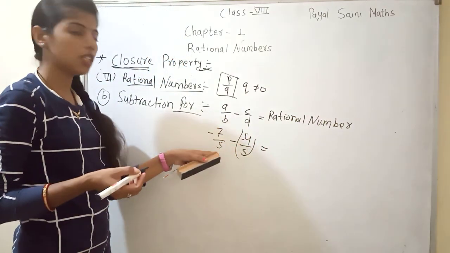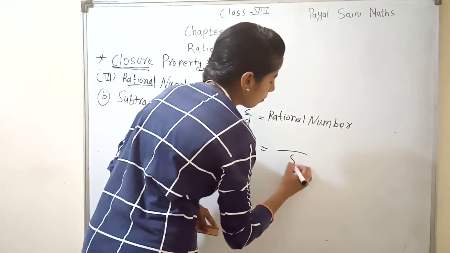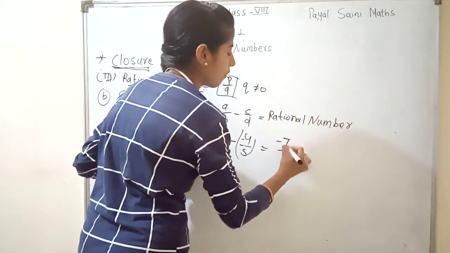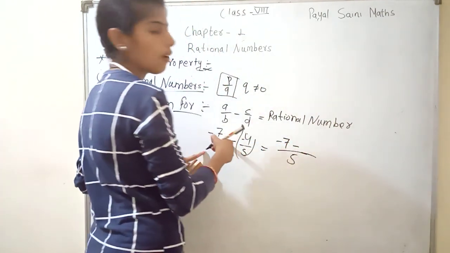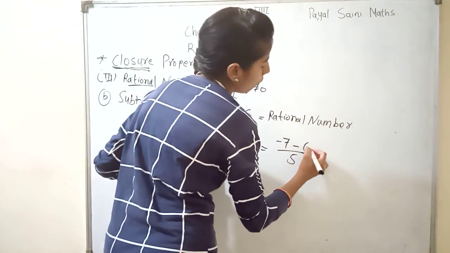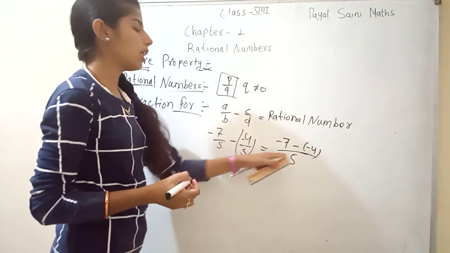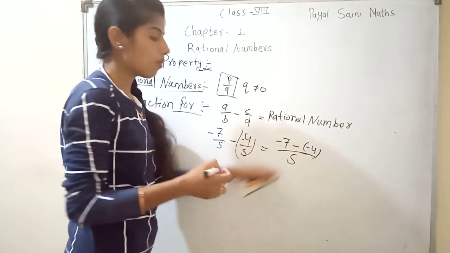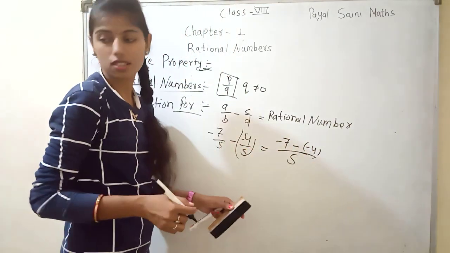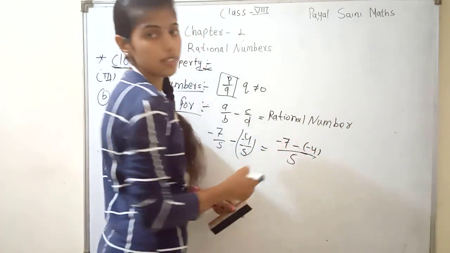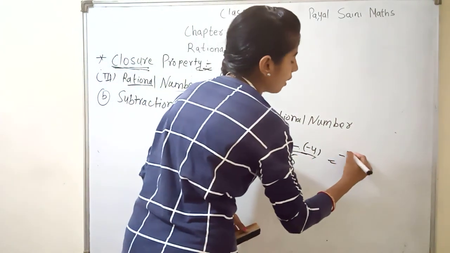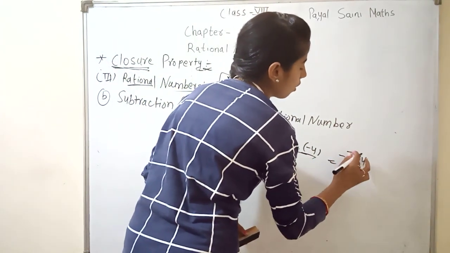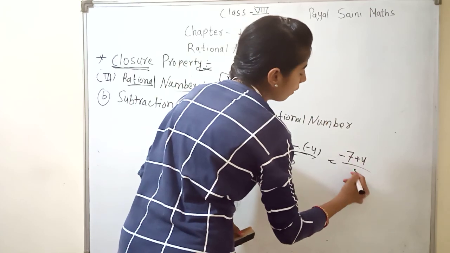When our denominators are the same, we simply subtract: 5 minus 7 minus is our operation sign, and 4 is also minus. Now we multiply. We know that a bracket means a multiplication sign. Then minus into minus is plus. Then we write here minus 7 plus 4 by 5.